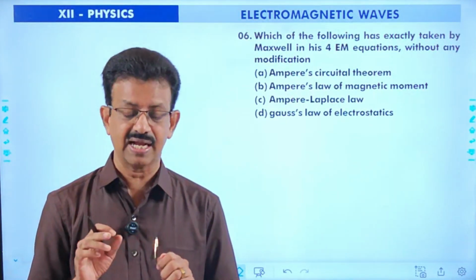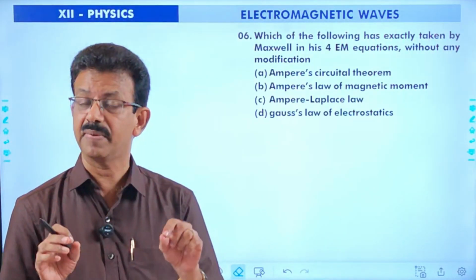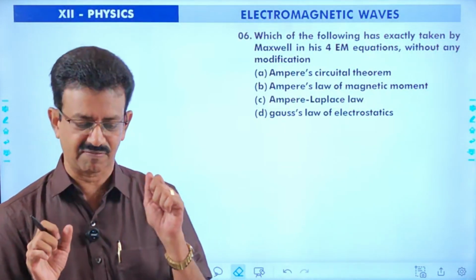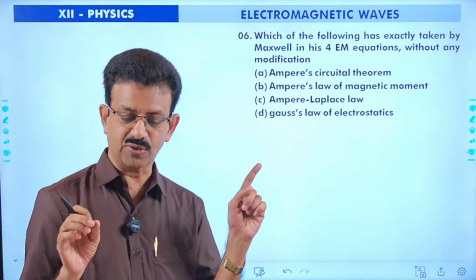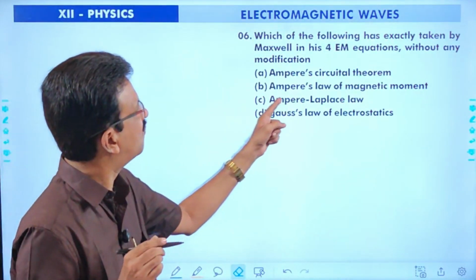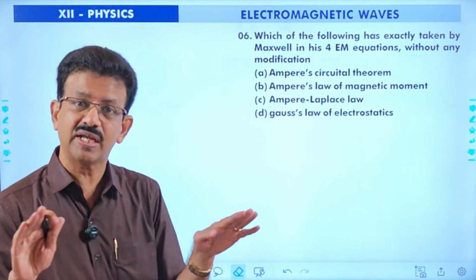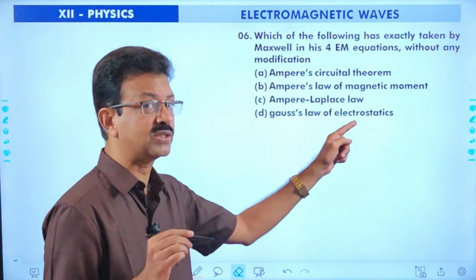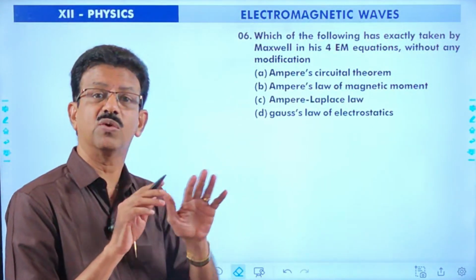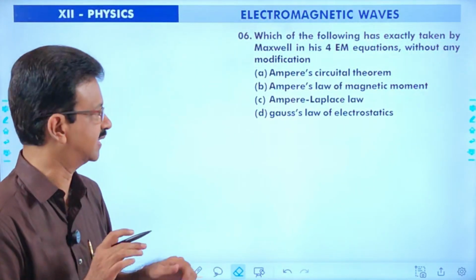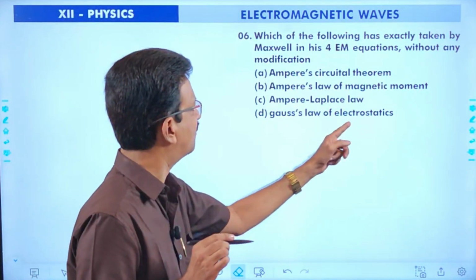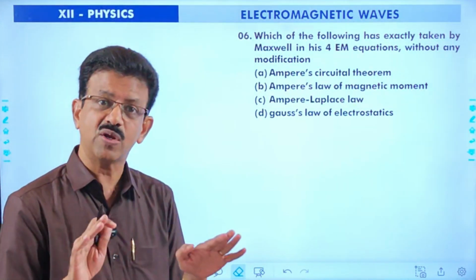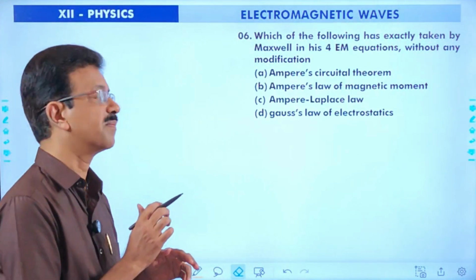Here the choices are Ampere's circuital theorem. It is accepted but with a correction factor. Then the second choice is Ampere's law of magnetic moment. It is not included in Maxwell's equations. Third one, Ampere Laplace law. It is actually the Biot-Savart law. It is also not included in Maxwell's equations. Gauss's law of electrostatics, without any alteration, was taken by Maxwell.